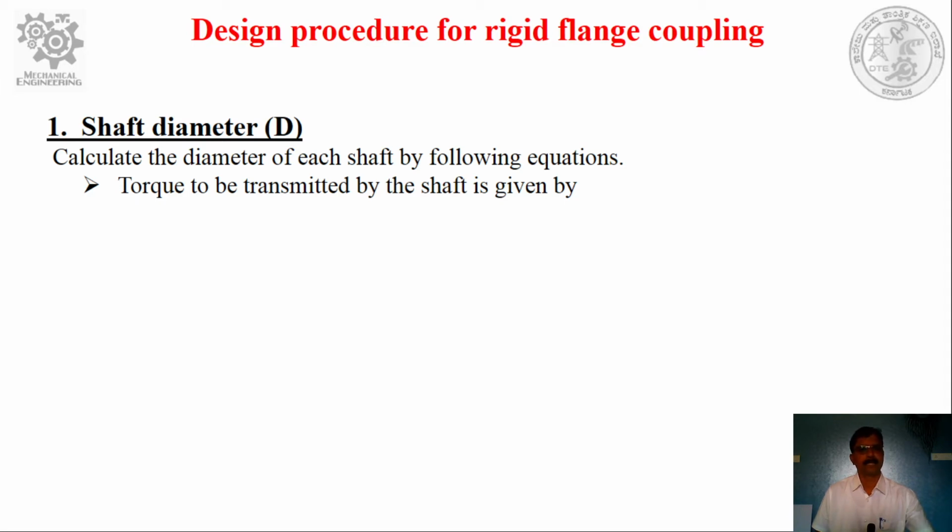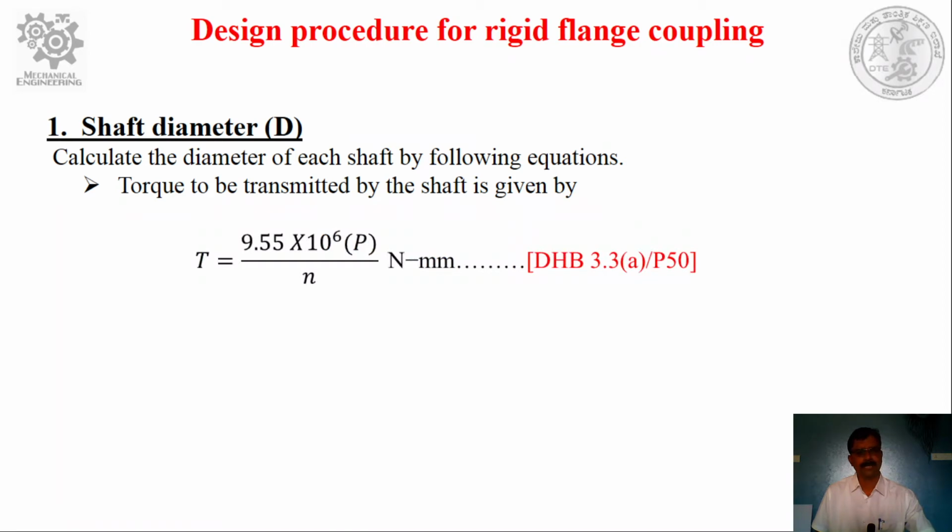The torque to be transmitted by the shaft is given by T. We use the same formula as in the shaft design chapter. T is the torque transmitted by the shaft. T is equal to 9.55 into 10 to the power of 6 P divided by N. Here we substitute P, the required power to transmit, and N is the required RPM.